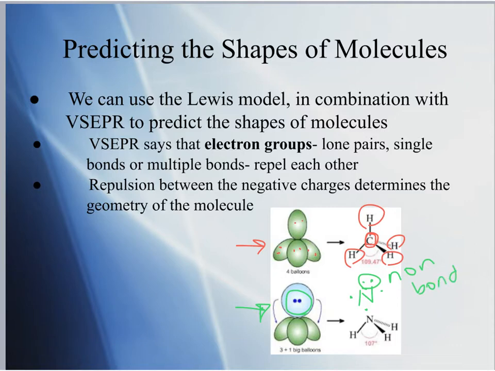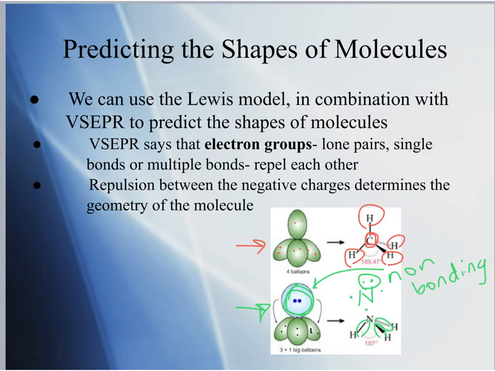Non-bonding pairs of electrons also want to be as far apart from other electrons around that center atom. So this top thing here represents the non-bonding pair of electrons, and then the balloon-looking things underneath are representing the bonded pairs between, in this molecule, the nitrogen and hydrogens.